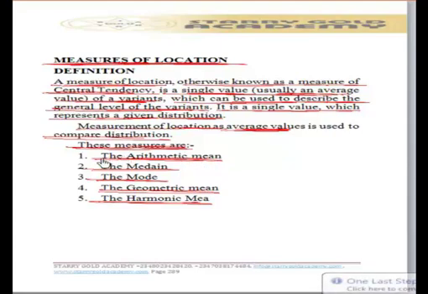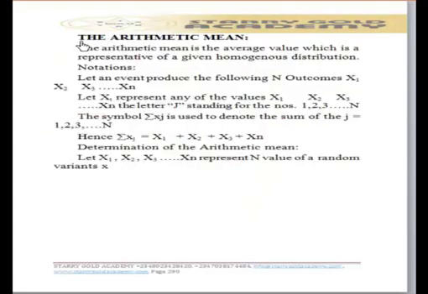So the commonly used measures, once again, in statistics or central tendency are: the arithmetic mean, the median, the mode, geometric mean, and harmonic mean, among others. So let's look at each of these measures one after the other and see how they can be computed when given appropriate statistical data. So let's begin with arithmetic mean.